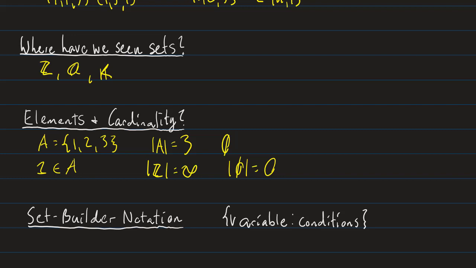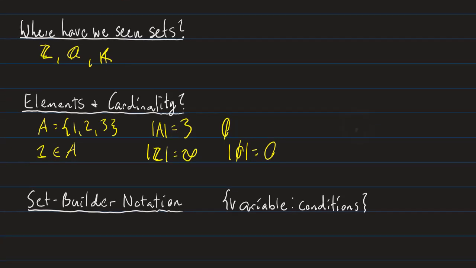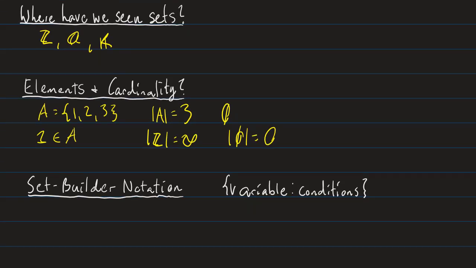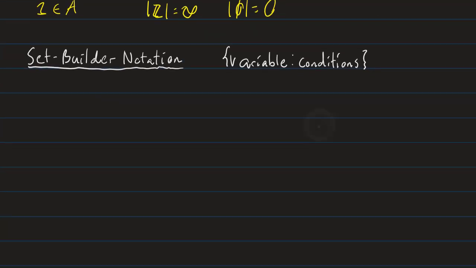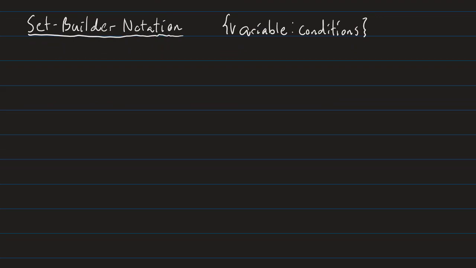Now, what is this at the bottom of our screen? Set builder notation, variable, conditions. Well, it's called set builder notation because we can write out a very easy way to come up with a set. We can build our own kind of infinite set in just a few symbols, and we're going to do that right now. So I have this little formula right here, the variable and conditions. Let's say I wanted the set of all numbers greater than or equal to 1.